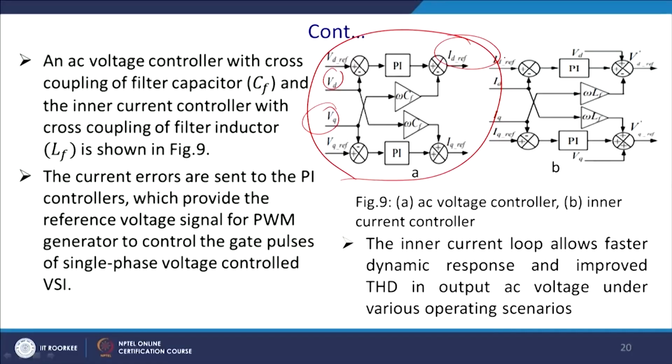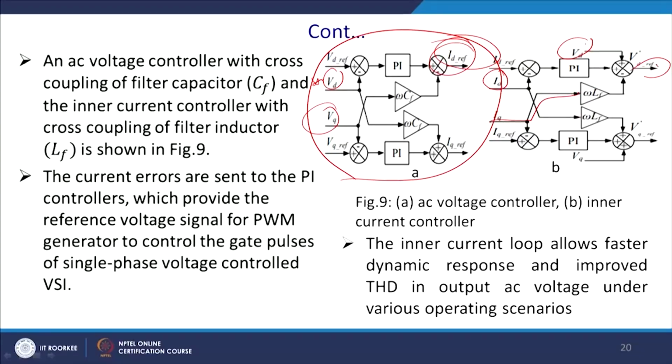So, you will have current as a reference. The ID ref you generate from here will be used here, and this is called the current control voltage source inverter. You compare it with the ID, and you have a cross term that comes from the IQ, which you multiply with omega LF, and you have the PI controller, then you subtract Vd which is here, and thus you get the VDF reference.